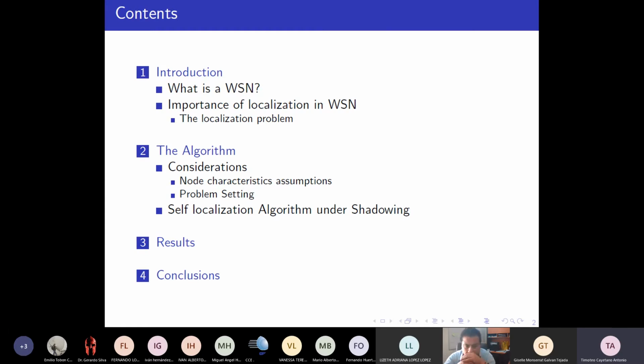The second, which is the core part of this presentation, is the algorithm that we are proposing. Next, in the third point, I am going to show you the results obtained from simulations. And finally, the last point is the conclusions of our work.